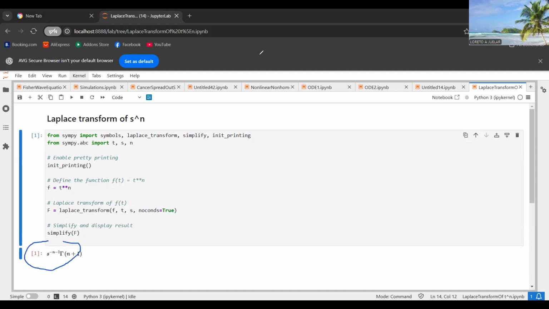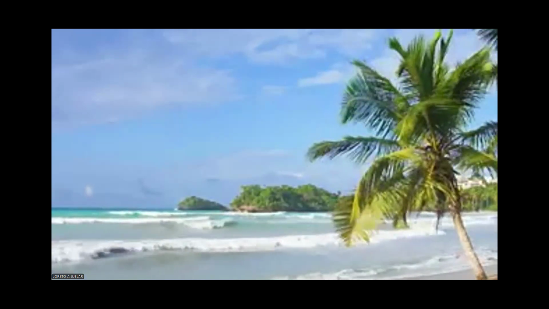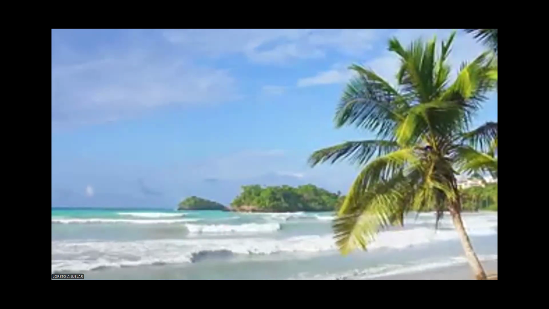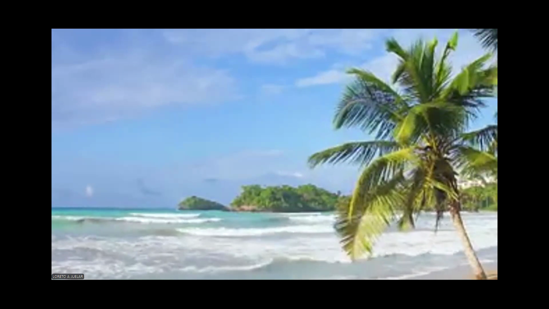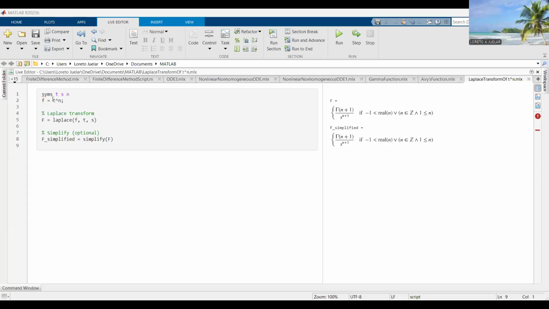We can also use MATLAB. By using MATLAB, we have the symbols t, s, n. So f equals t to the n.